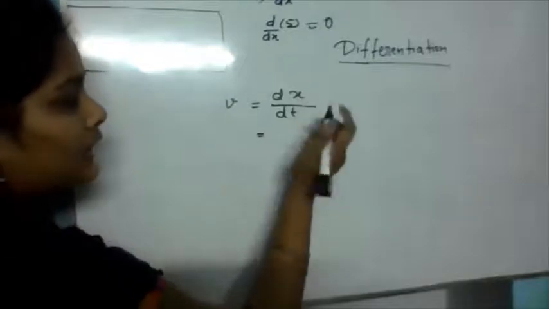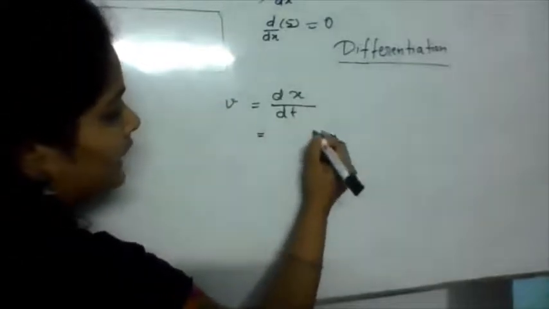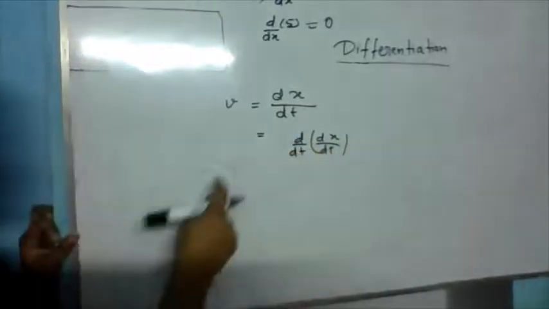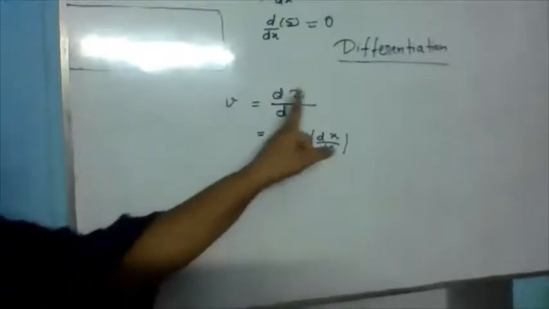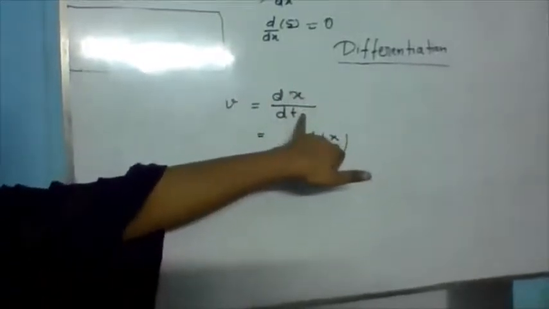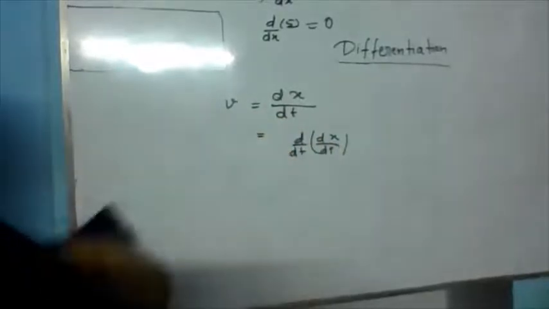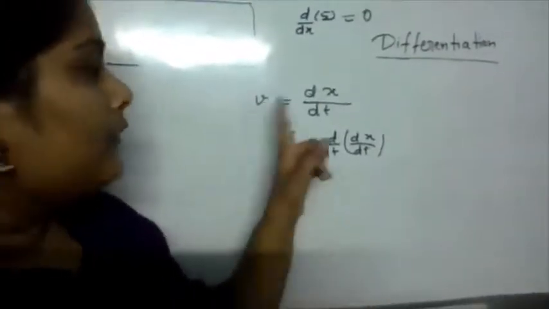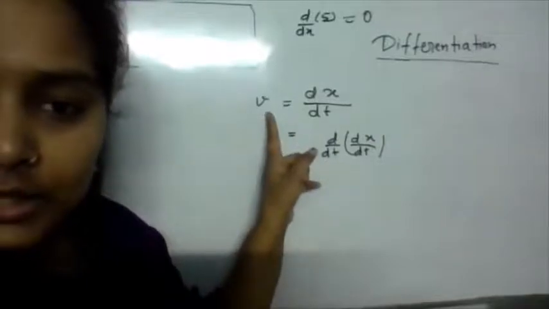If we differentiate displacement at 1 time, we will get velocity.